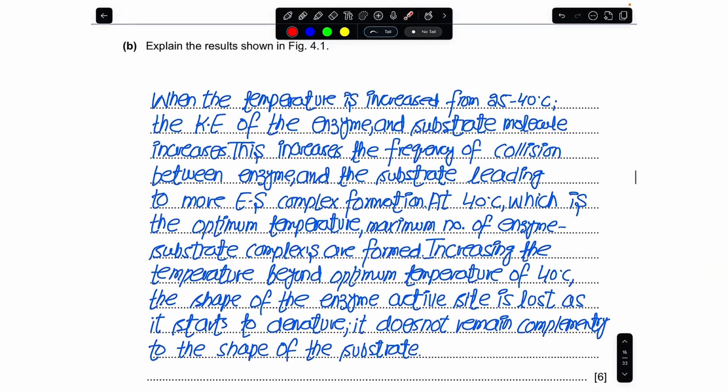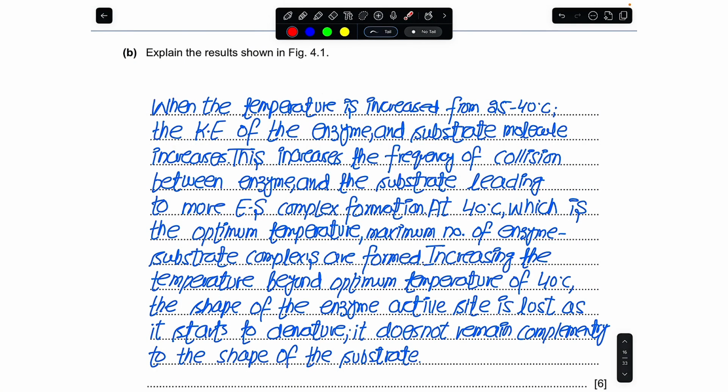So for 6 marks, how your answer should look, you need to give 6 points for this. That when the temperature is increased from this to this, the kinetic energy of the enzyme and the substrate molecule would increase. And that would bring about more frequency of collision between the enzyme and the substrate. And we would make more enzyme substrate complexes now.